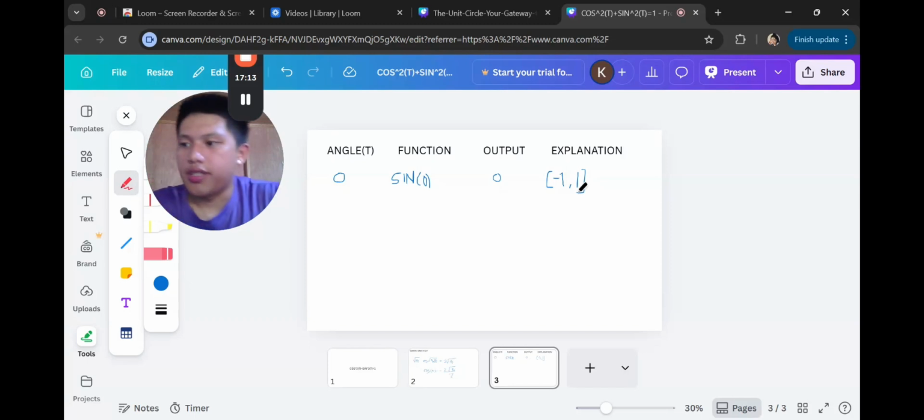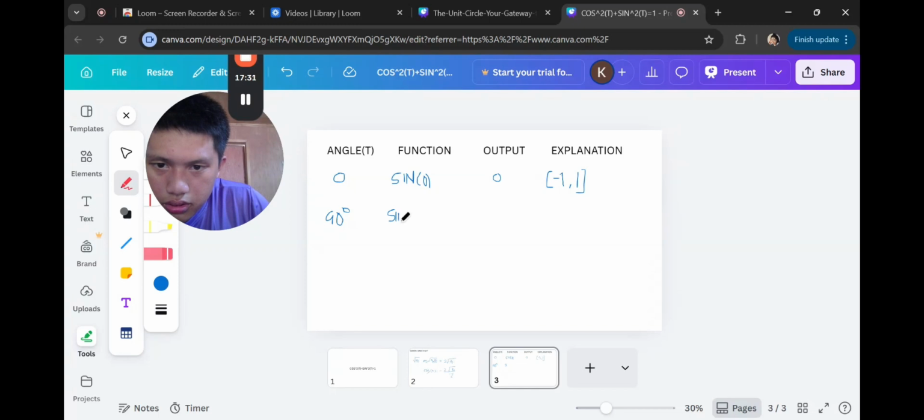Let's proceed to another example: 90 degrees. For 90 degrees you need to put the sine. If you don't know the value of 90 degrees, it's pi over 2.